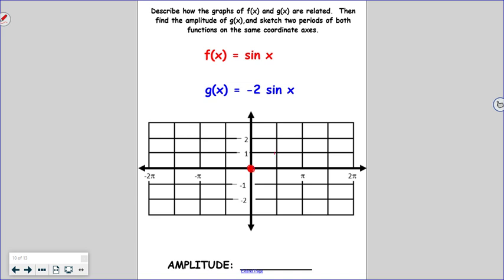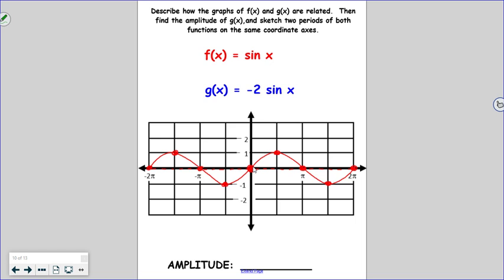So right, I'm going to go over 1, up 1, back to my midline, over 1, down 1, back to my midline, fill in, given my midline is here at y equals 0. Okay? And then we need to talk about the sine curve.